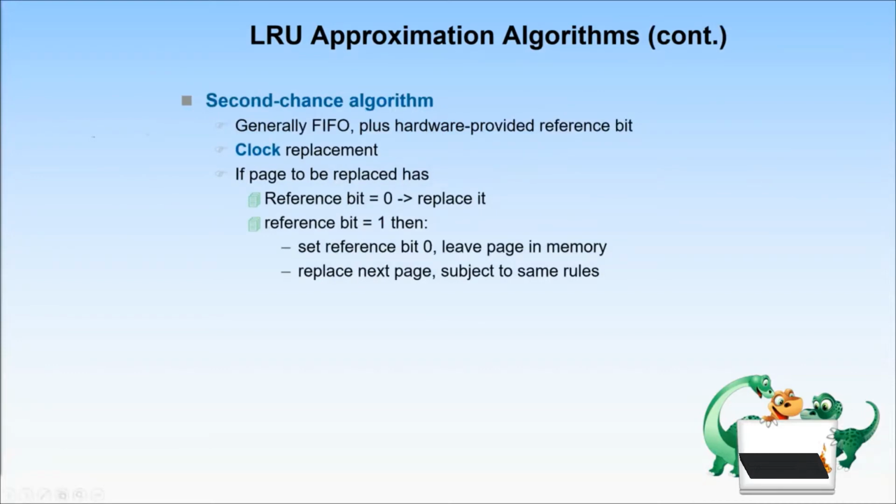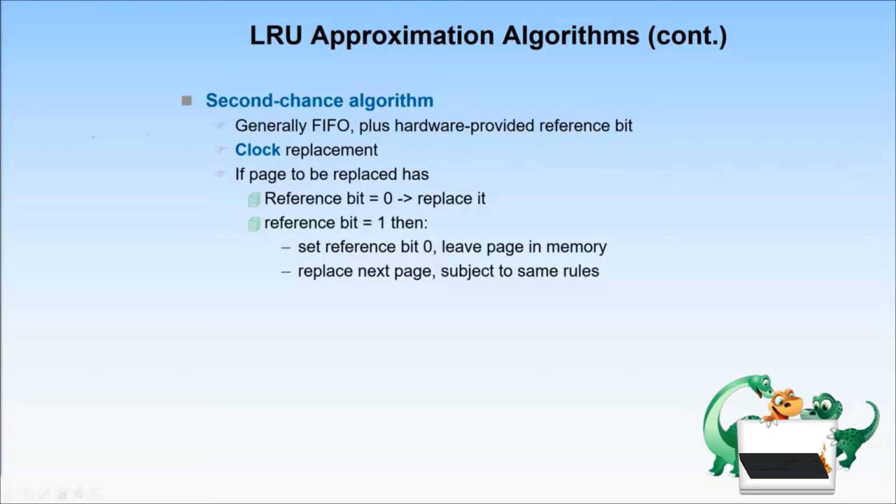Next, the LRU approximation algorithm is the second chance algorithm. Generally it is first in first out, except the reference bit is used to give pages a second chance at staying in the page table. When a page must be replaced, the page table is scanned in first in first out, circular queue manner.